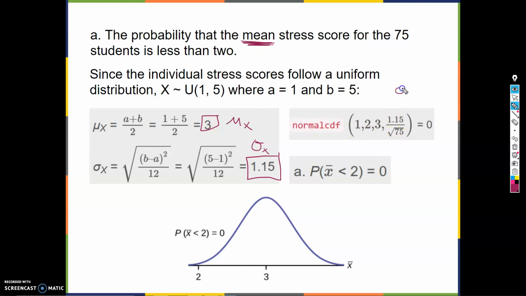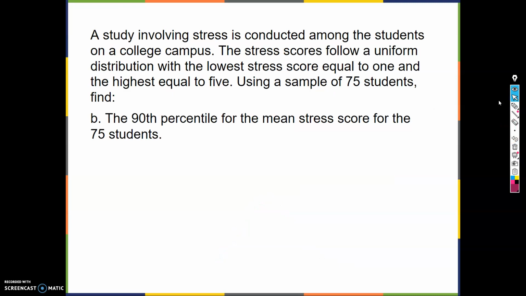Standard deviation, remember, goes to standard deviation divided by square root of n, where n is 75, so that goes here. We throw all this into the calculator and we end up getting a 0, which means the probability that x is less than 2 is equal to 0. In other words, there is no probability that that's going to happen.